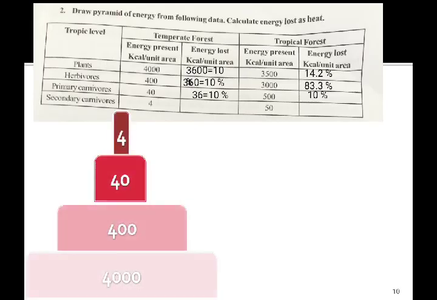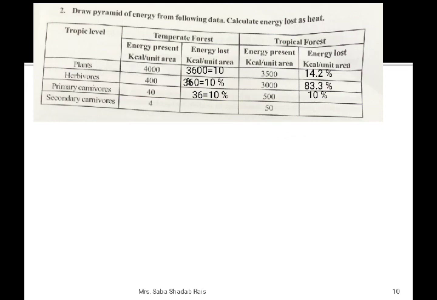Now in your textbook you have been asked to draw the pyramid and calculate the loss of energy. Now see here, if you observe the temperate forest, you will observe a classical 10% energy loss.